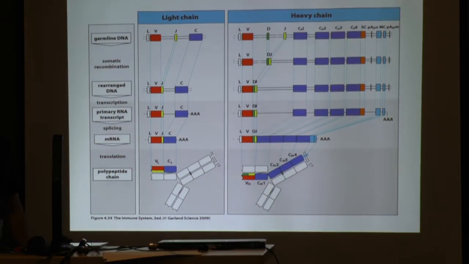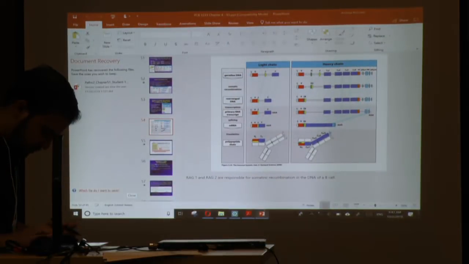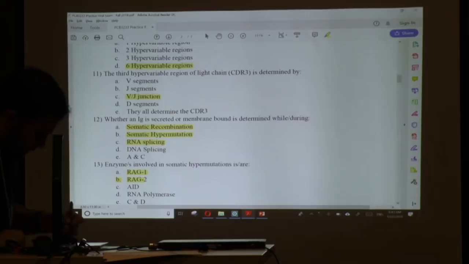So basically the takeaway is just to know that deciding whether it's secreted or membrane bound is done by mRNA splicing or RNA editing. Okay? Yeah? Cool.